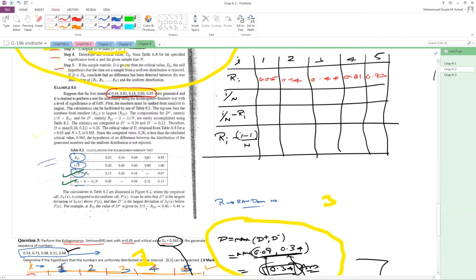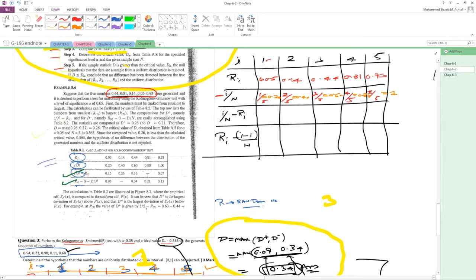Step number 2, I: 1, 2, 3, 4, 5. So 1 divided by n, where n is 5 numbers: 1 divided by 5, 2 divided by 5, 3 divided by 5, 4 divided by 5, 5 divided by 5. So this value is 1 divided by 5, which is 0.20, then 0.40, 0.60, 0.80, and this is 1.